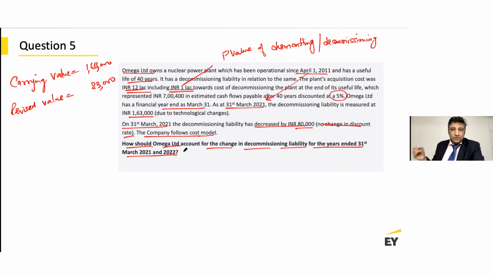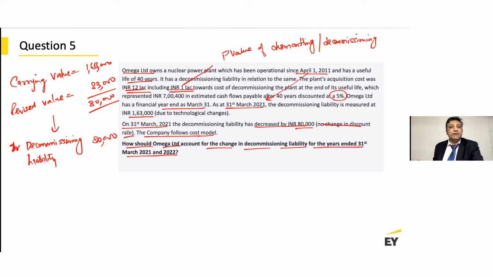Okay, so the first thing that you want to remember here is that the liability has reduced by 80,000 rupees. Very simply put, in this case, I would debit my decommissioning liability. It's a reduction in the liability by 80,000 rupees. Okay, where do I take the credit?